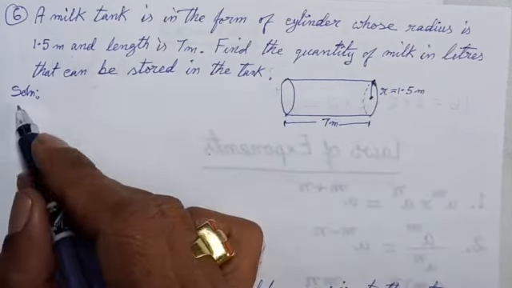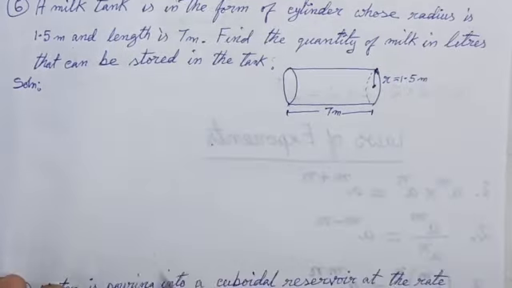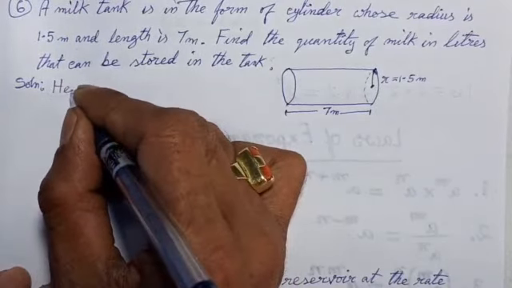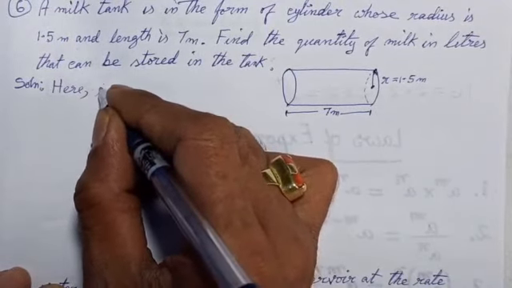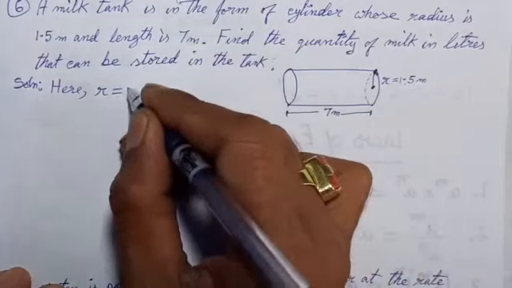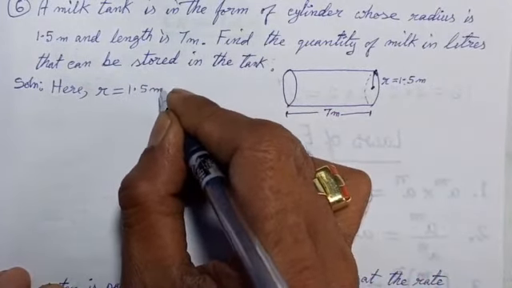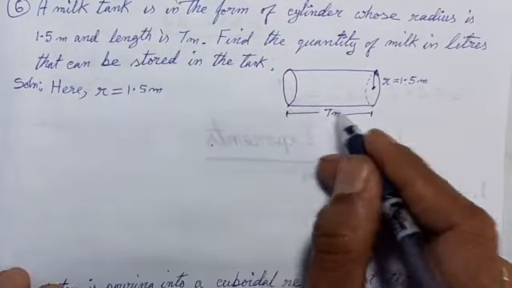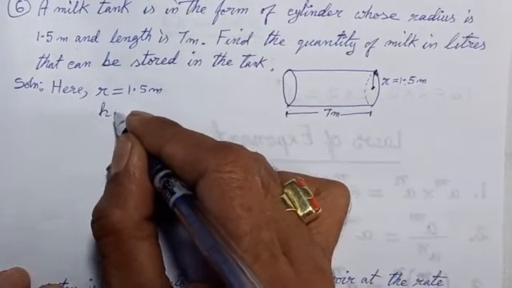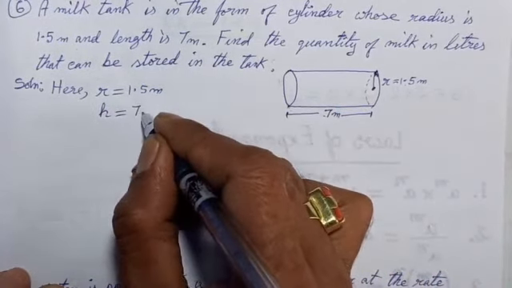Now solution. Here the radius of the cylindrical tank is 1.5 meter, and the height is 7 meter.